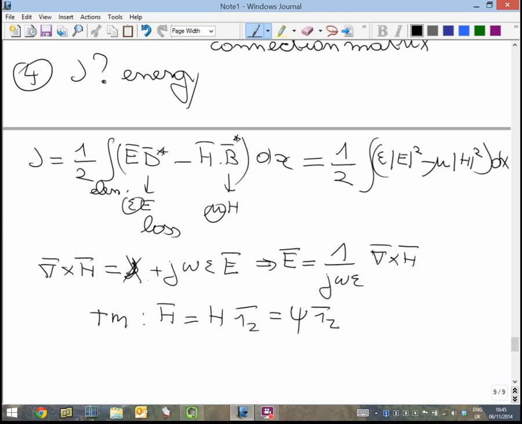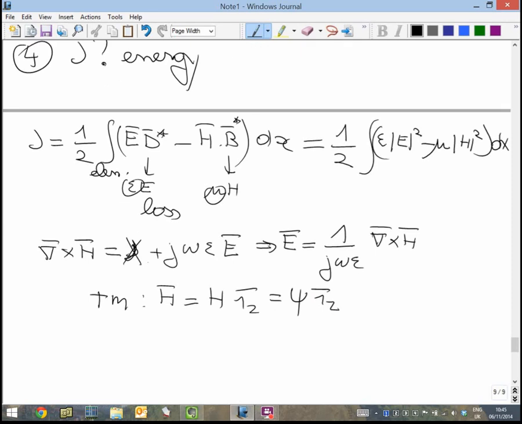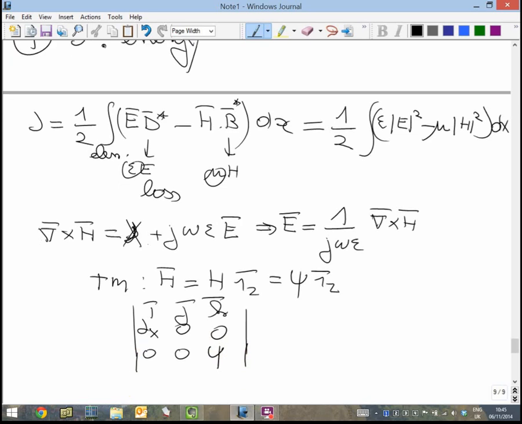Now, if we make that assumption of scalar TM, then we need to calculate the curl of H in order to get E. Now, the curl in our trivial case here, i j k, since it's a 1D system, there's only stuff happening along the x direction. So d/dy and d/dz are equal to 0. And since we only have a component of H along the z direction, we only have this non-zero element over there.